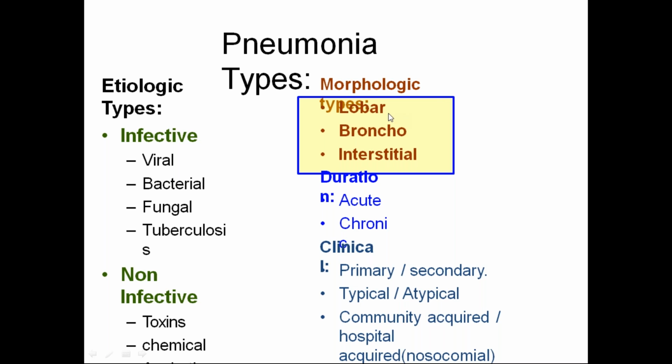Lobar pneumonia is the inflammation of the lung which occurs in one particular part or lobe of the lung. Bronchopneumonia is otherwise known as lobular pneumonia. Based on duration, it is divided into acute and chronic, and based on clinical setting: primary or secondary, typical or atypical, community acquired or hospital acquired.